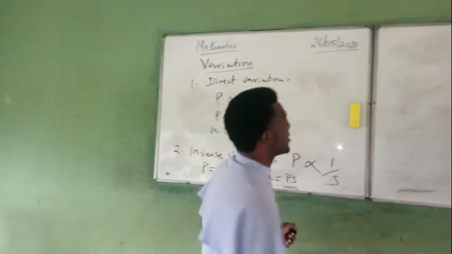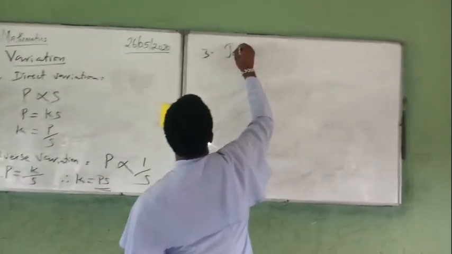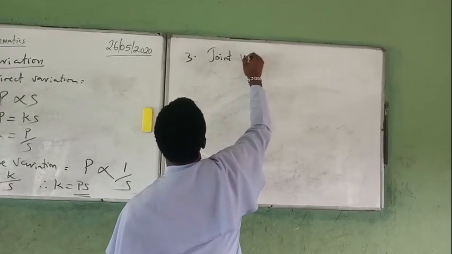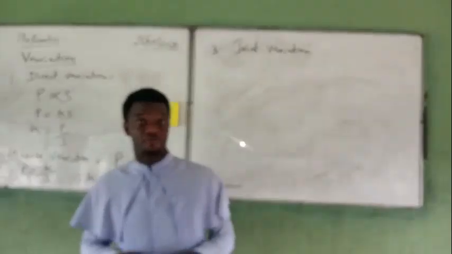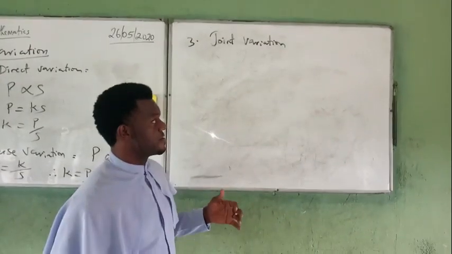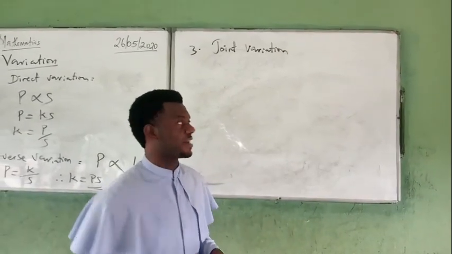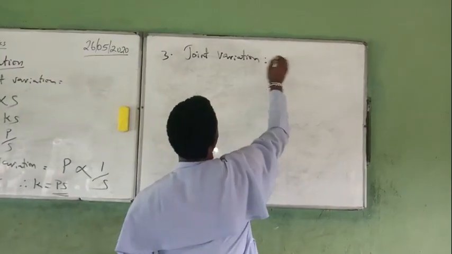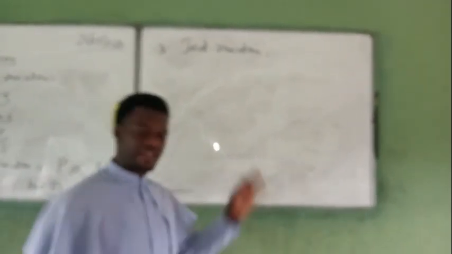Then the third kind of variation, we have joint variation. In this type of variation, we have 2 types of joint variation. It could be joining the direct and inverse. You have to bring in another quantity, 2 quantities relating with 1, that is joint.